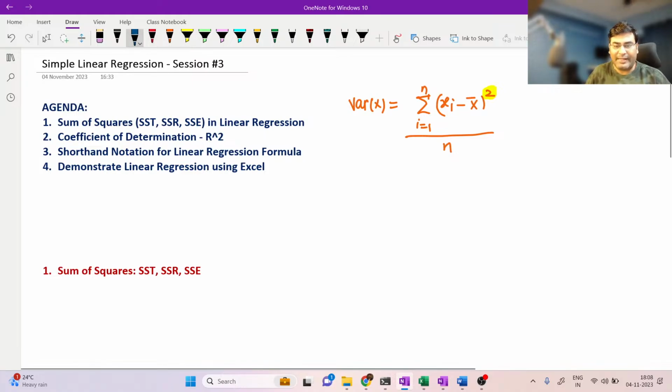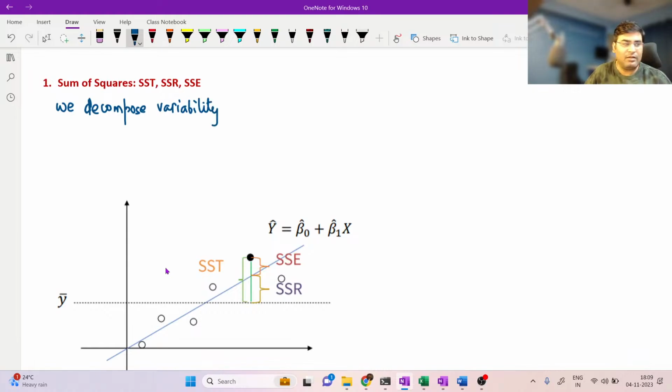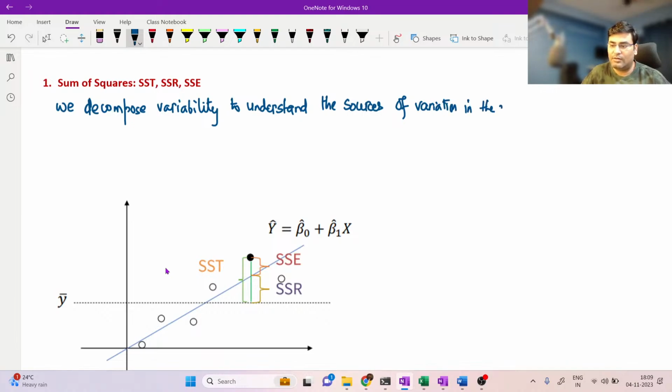So to make it simple for us, we decompose variability to understand the sources of variation in the data. That's number one.